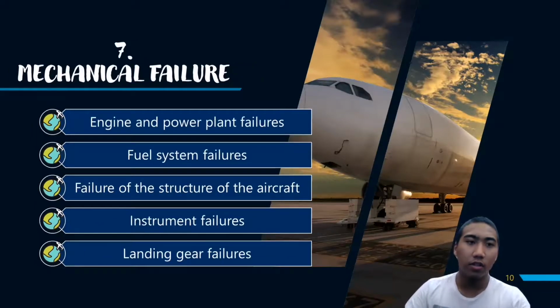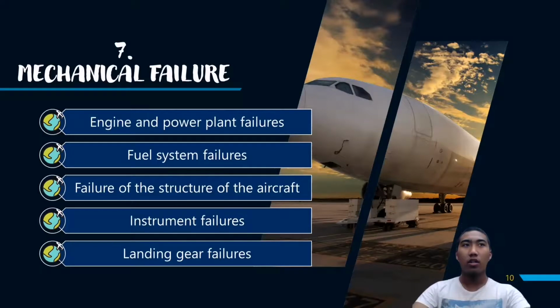For number 7, mechanical failure. The first point is engine and power plant failures. Whether the aircraft is a private plane, an airliner owned by a large company, or even a government-issued aircraft, there are inspection and maintenance requirements that must be met before taking flight.